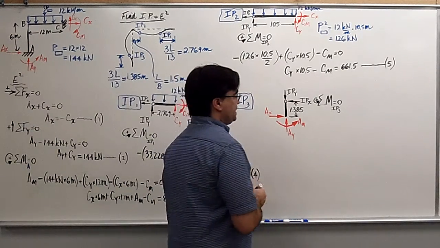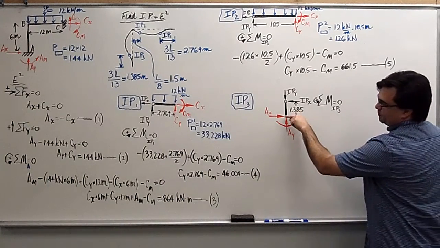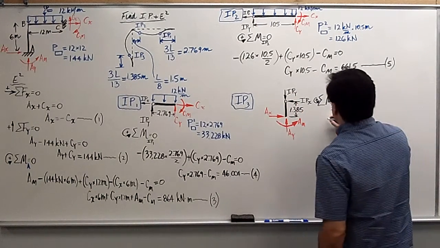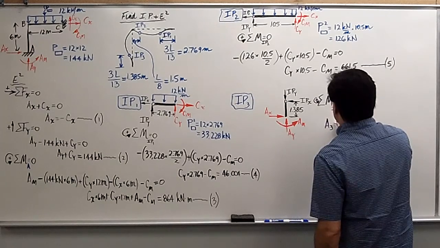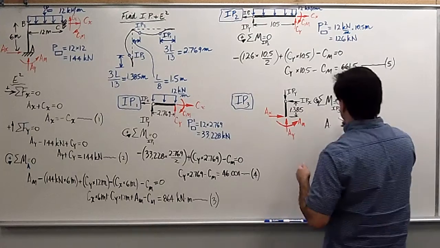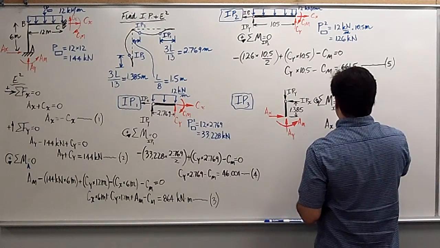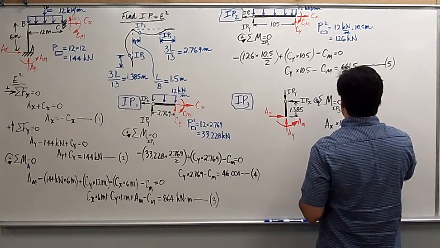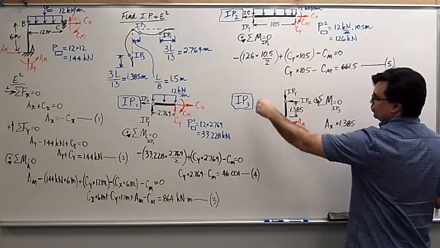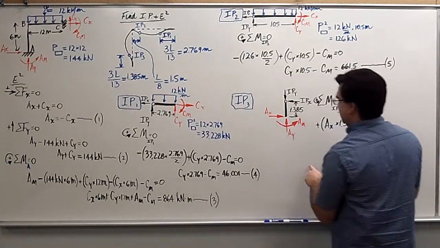So, sum of the moments with respect to this inflection point. I'm going to go bottom to top, and I'll do the moment with respect to there. It's going to be Ax times a distance of 1.385 meters. With respect to this inflection point, this is trying to turn in the same direction as that, so this moment is positive.